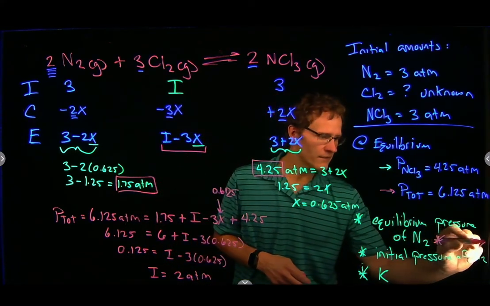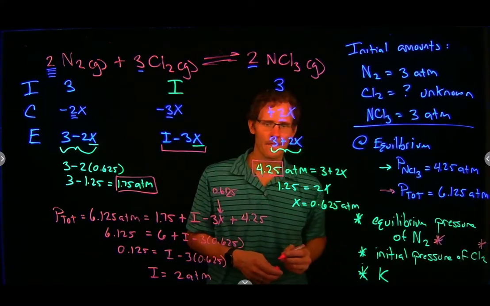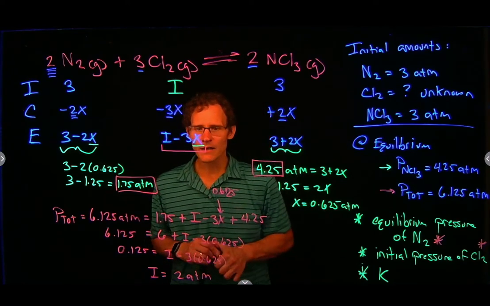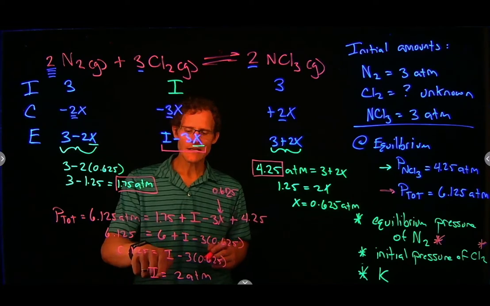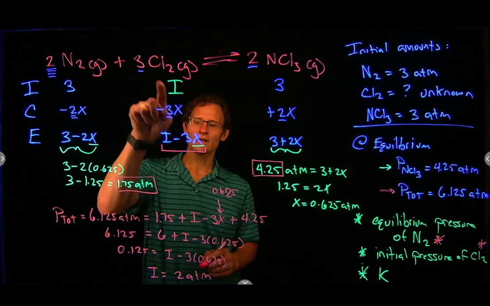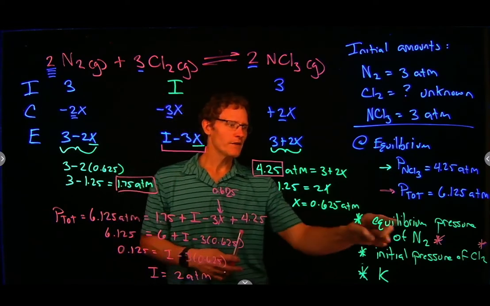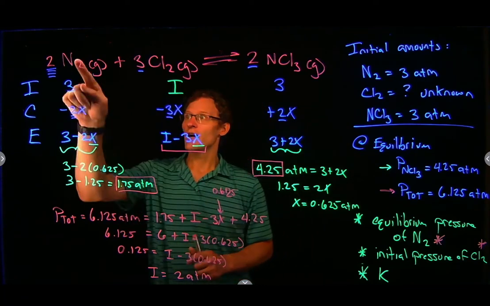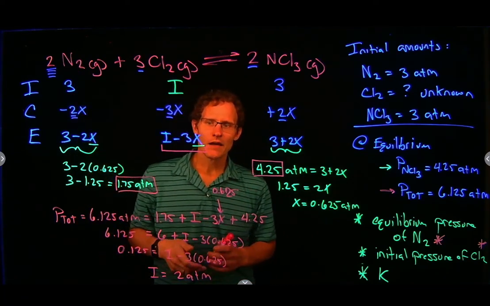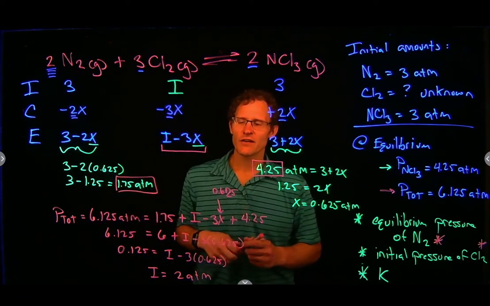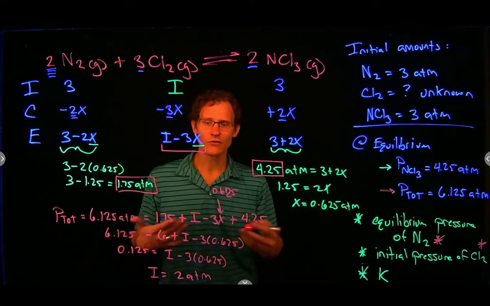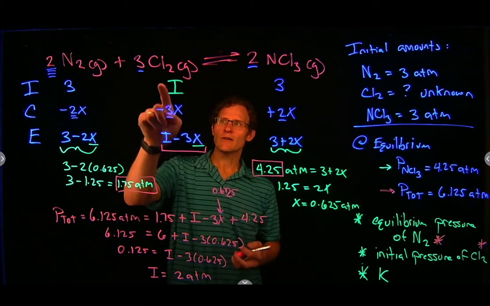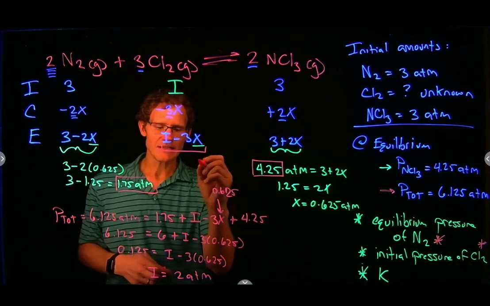So we've just figured this out. Okay, so we have both of these pieces of information now. We have the initial pressure of our chlorine gas. We figured out the equilibrium pressure of nitrogen gas. And since we know the initial pressure, we know that I minus 3x is equal to our equilibrium pressure of chlorine. So we can pretty easily figure that out.